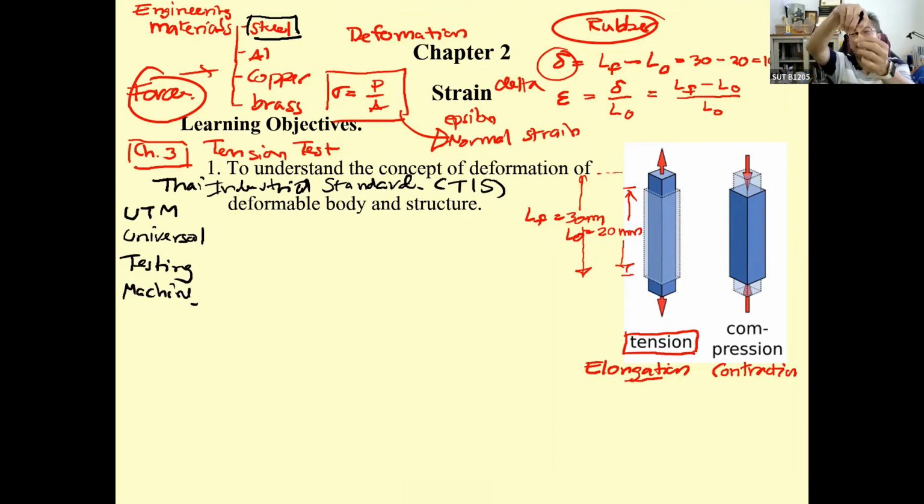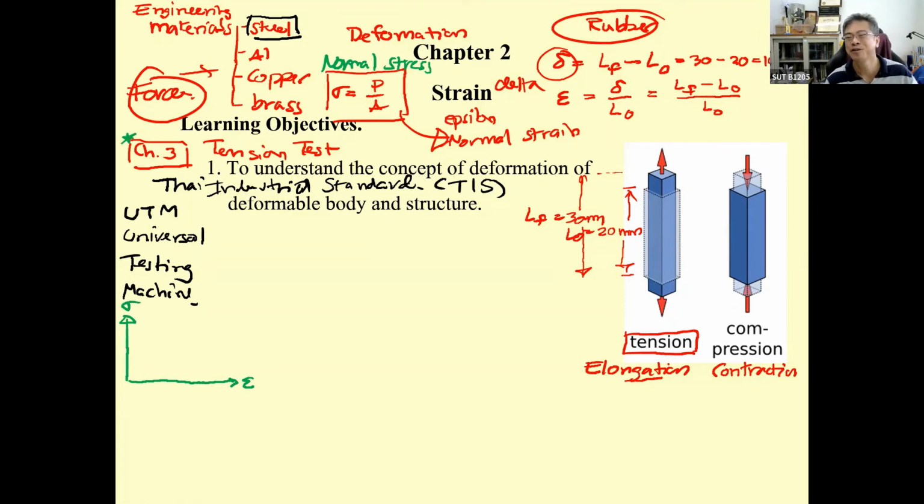When the force is 0, L sub O is 2, then as you increase the force, the deformation gets larger and larger. A computer program will generate the graph that relates epsilon with sigma, the normal strain with the normal stress, and that's going to occur in chapter 3.